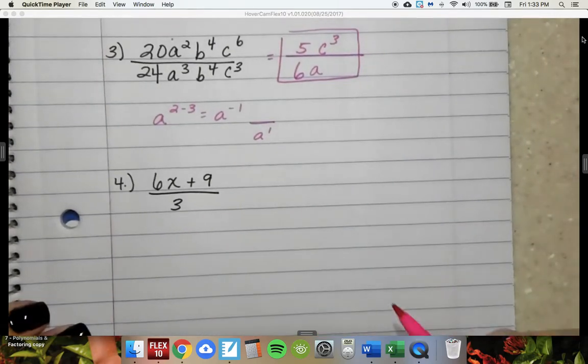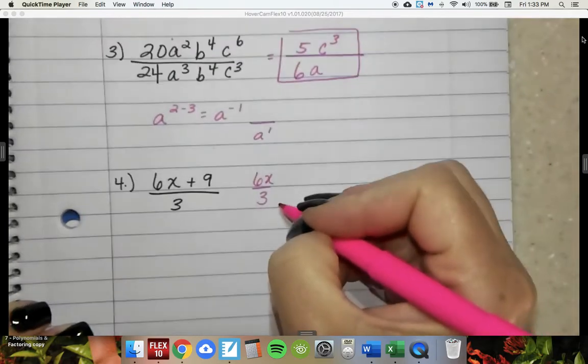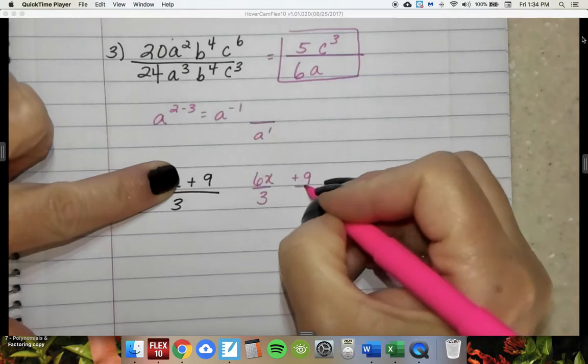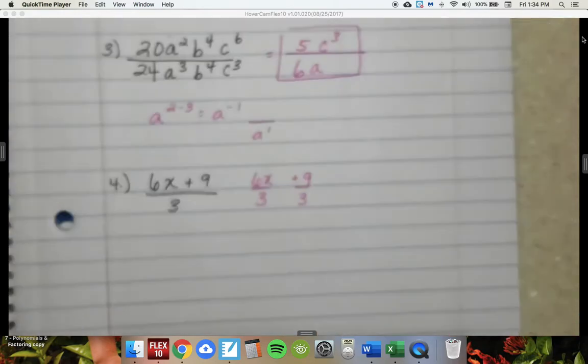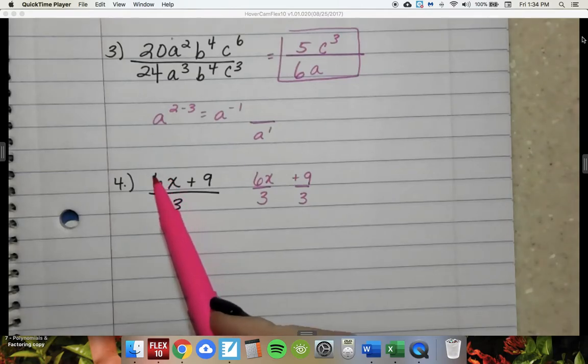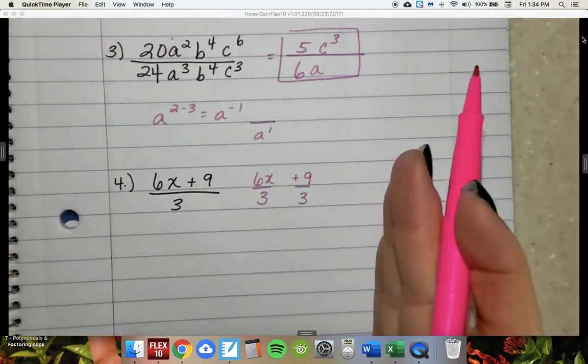Essentially what this means is you have 6x divided by 3 and you have a positive 9 divided by 3. It's almost like 2 separate problems, okay? So even though they only show 1, 3 in the denominator, you're really dividing this piece of the numerator by 3 and then this piece of the numerator also by 3. You gotta spread them out, okay?